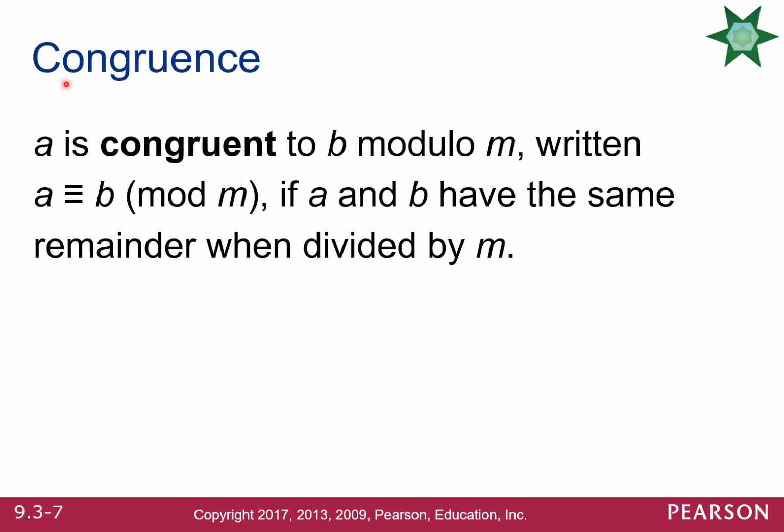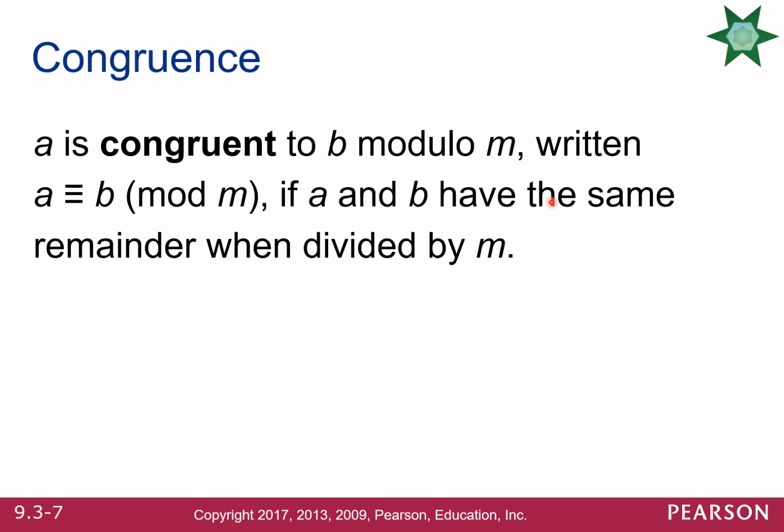And we say A is congruent to B modulo M, where A would be an integer value, B would be an integer value, and M would be an integer value again. A is congruent to B modulo M, written A followed by 3 horizontal dashes. So we don't use the symbol for equals. Instead, we use the symbol for congruent, which is 3 horizontal dashes, followed by an integer value B, and then within brackets mod M.